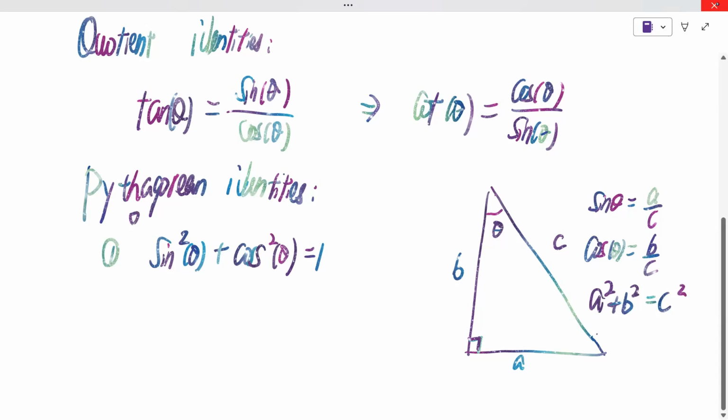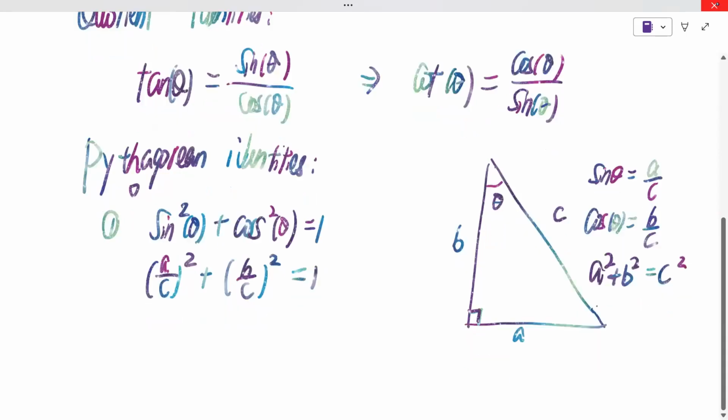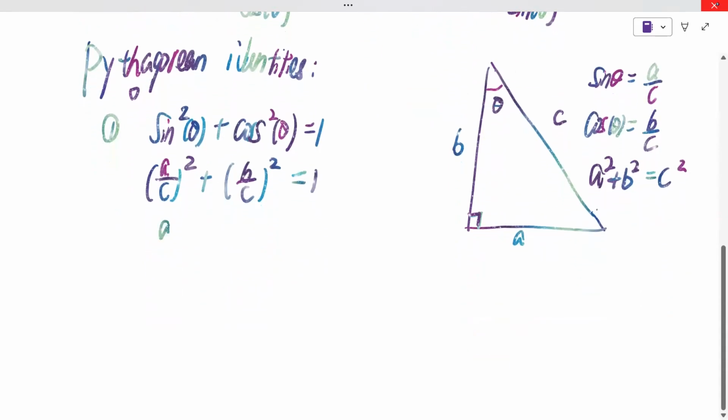So going back here, this one will become A over C squared. This one is B over C squared. And we're going to prove it's equal to 1. So A squared over C squared plus B squared over C squared. Is that equal to 1? We don't know yet, but we're going to figure that out.